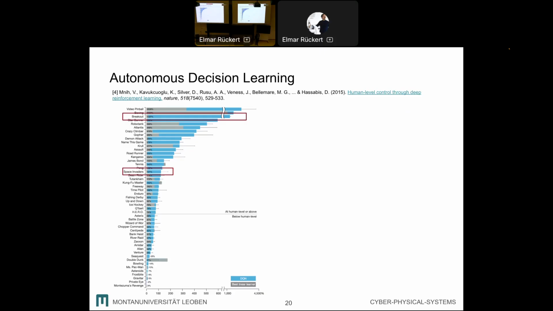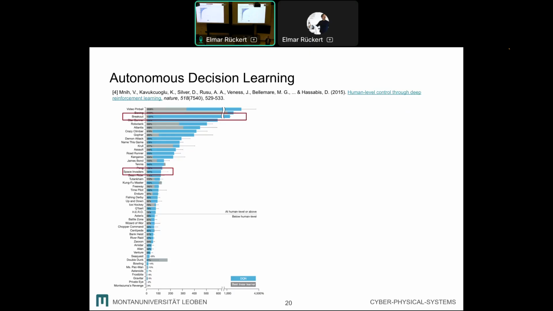What is not discussed here? What is the major difference between these deep neural networks and human beings? For each of these computer games, a single neural network was trained, and it only works on a single game.